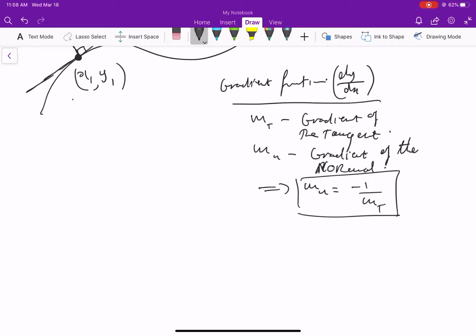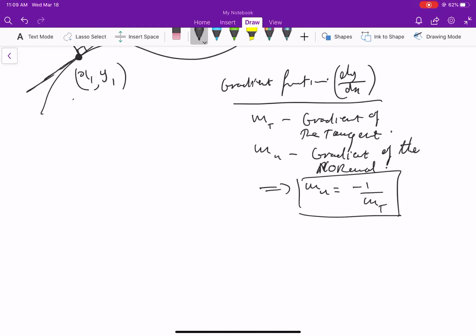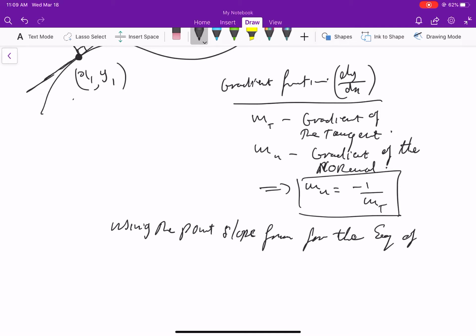What we can do at this point is invoke the point-slope form for the equation of a line, which is y minus y1 is equal to m into x minus x1.